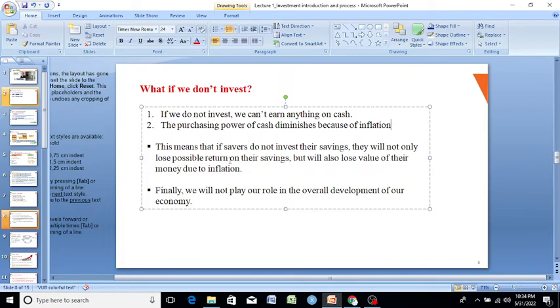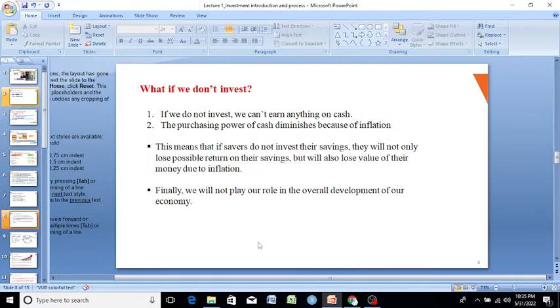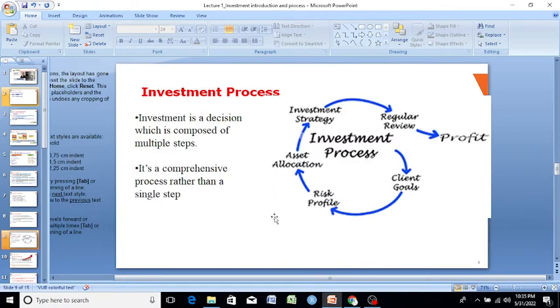Finally, we will not play our role in the overall development of our economy. So it means that if we do not invest, we actually are paying a cost. And in the coming slides, we will shed light on this issue, the cost of not investing your savings. So let's talk about the investment process.